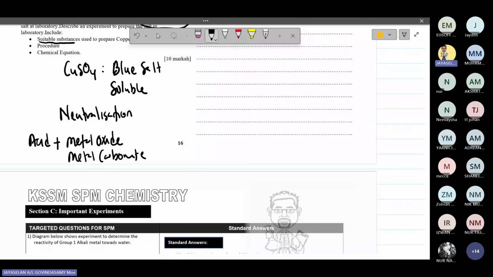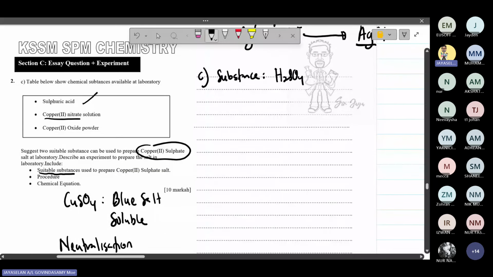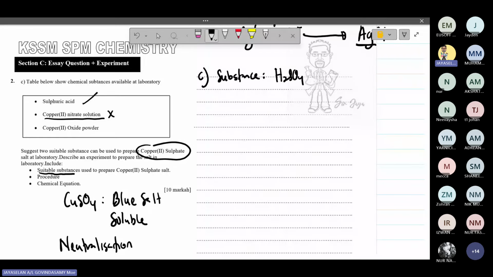Okay, so I go and check. This one I cannot take, it is not a metal oxide. This is not a metal carbonate. This one I can take because it is a metal oxide. So I must take sulfuric acid, and the other reactant is copper 2 oxide powder. So you guys already score 2 marks.